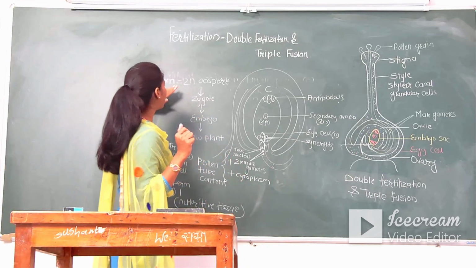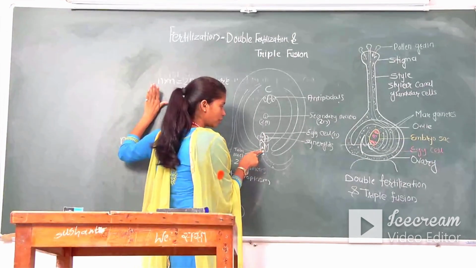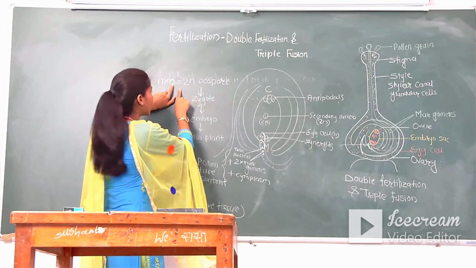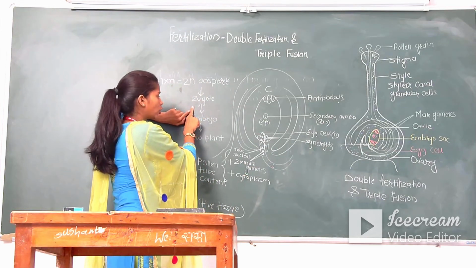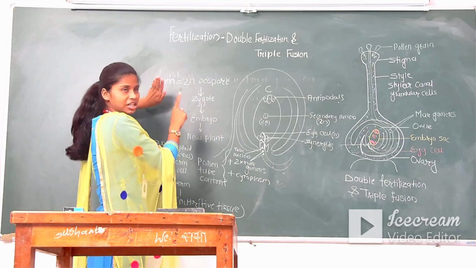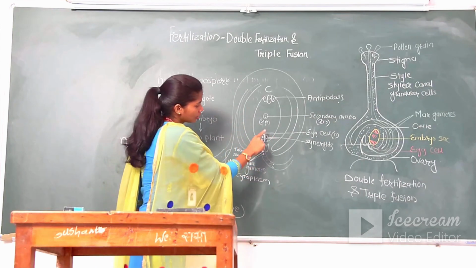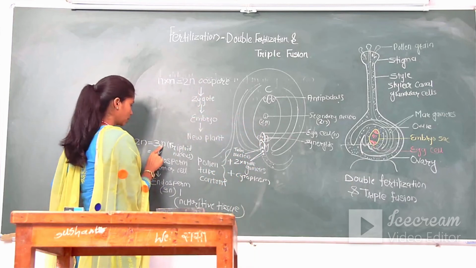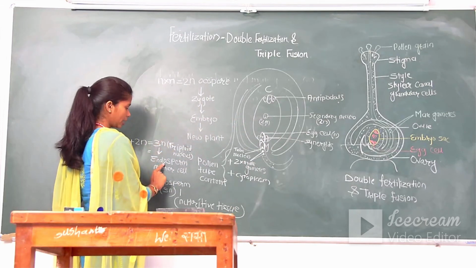Now, the first reaction of fertilization involves fusion of one male gamete with the female gamete, which are haploid in nature. It forms 2n, that is the zygote, and this zygote develops into an embryo, and the embryo develops into a new plant. In the second reaction of fertilization, the second male gamete fuses with the secondary nucleus and forms a triploid nucleus, which is the nucleus of the endosperm.